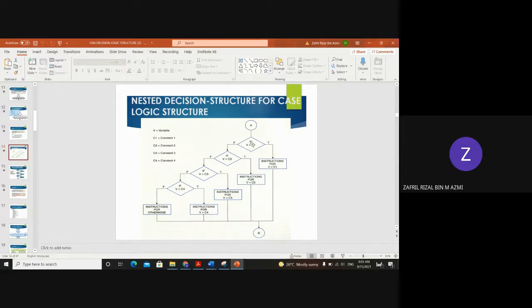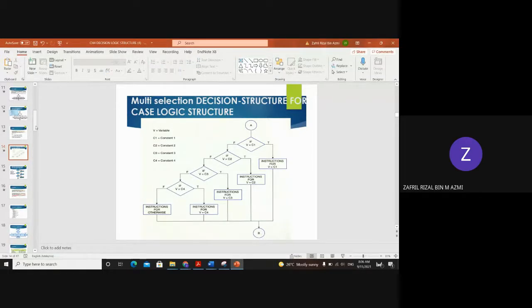The rest is if, else if, else if, else if, else, if you convert it to an algorithm. So this is multi-selection. This is not nested. Nested is the one that we are going to look at today.